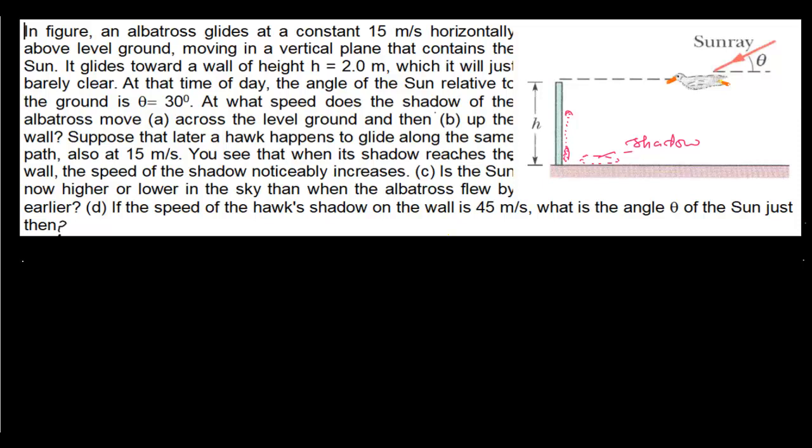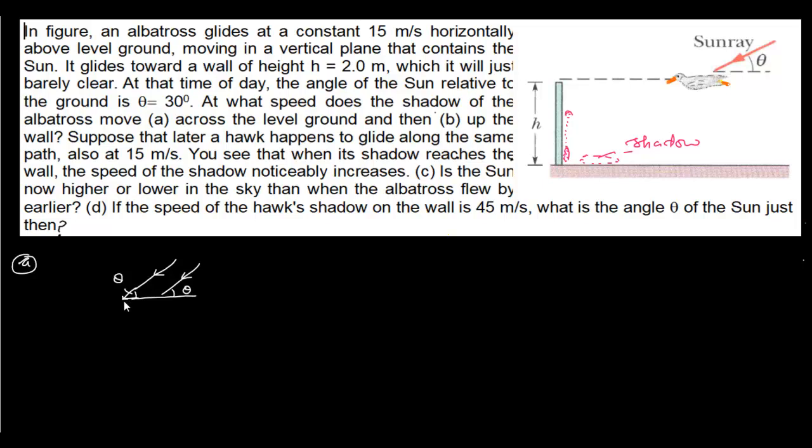Now, in order to answer part A, observe carefully that the shadow is forming due to the sun rays, and the sun rays are coming from far off, so they are parallel to each other. So the sun rays falling on this albatross are parallel, which means this angle is also theta.